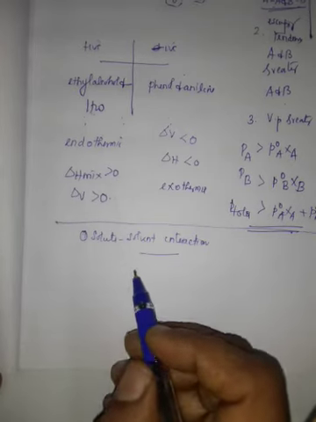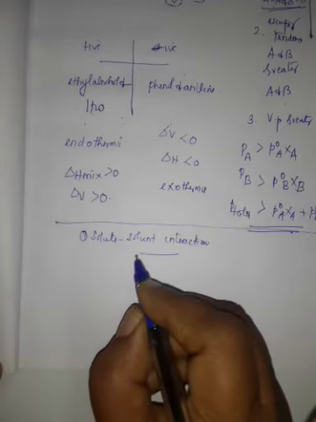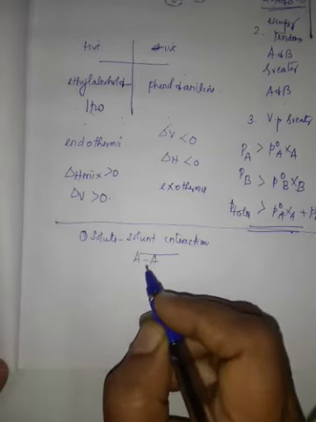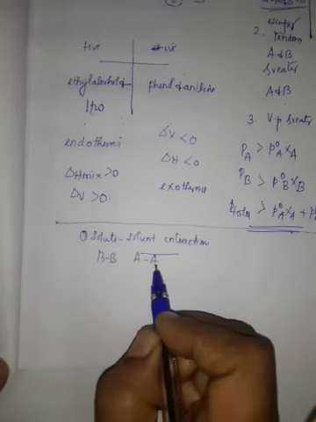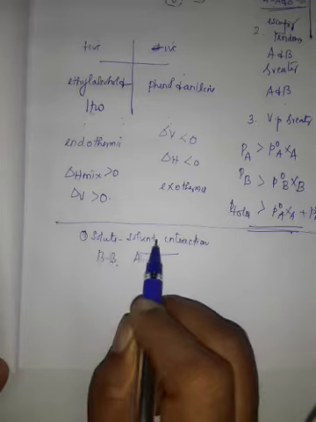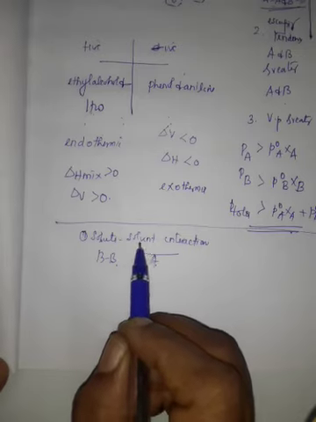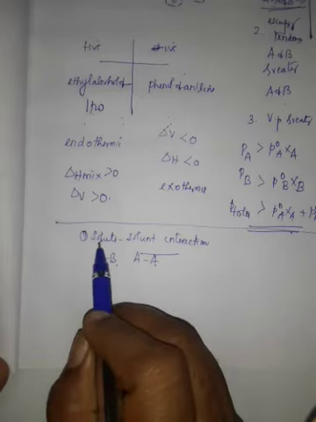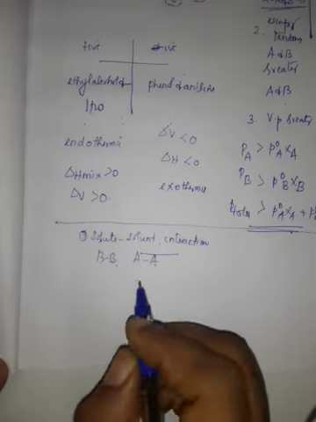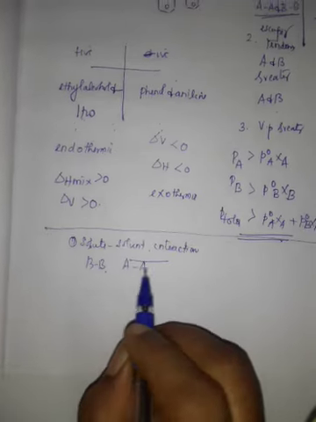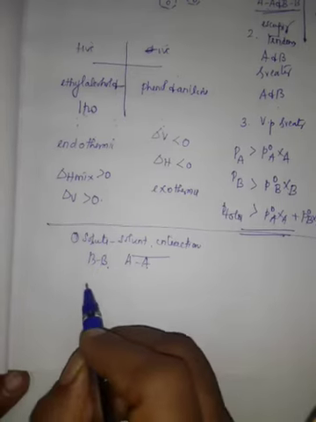For an ideal solution, the interaction between the solvent molecule A and the solute molecule B, and between the solute and solvent molecules are expected to be similar. Either solute A-A, solvent B-B, and between solute and solvent A-B, these are all similar. If the interactions are dissimilar, then there will be a deviation from Raoult's law.